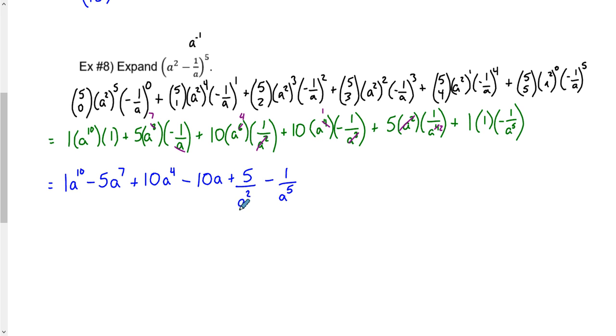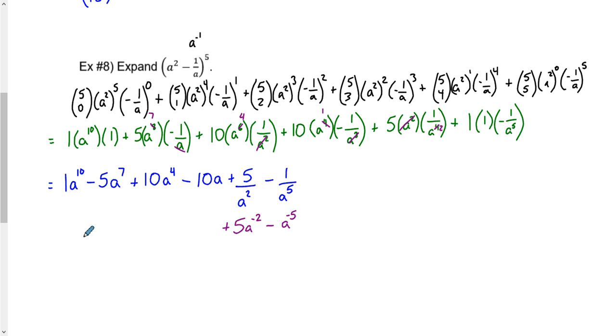The alternative way of writing it, these 2 terms could be 5a to the power of negative 2, subtracting a to the power of negative 5. Because them being in the denominator, to move it to the numerator would be negative.